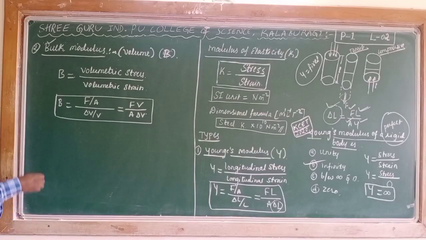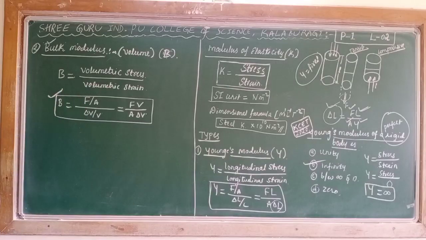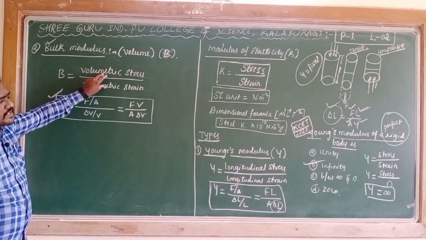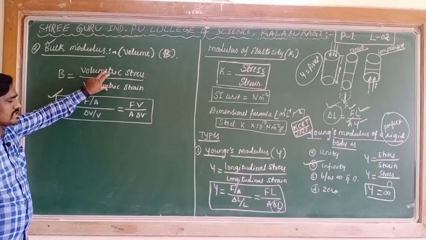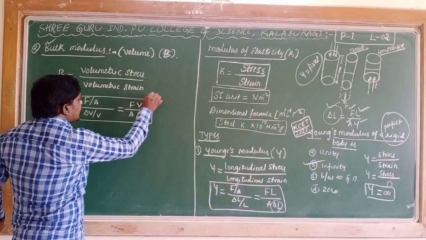In that we can use it in Boyle's law also, gaseous laws also we are using this concept. The very important bulk modulus is volumetric stress by volumetric strain. The formula is very important.